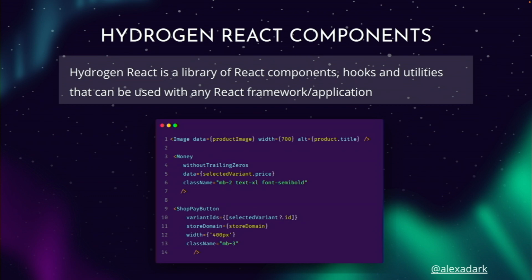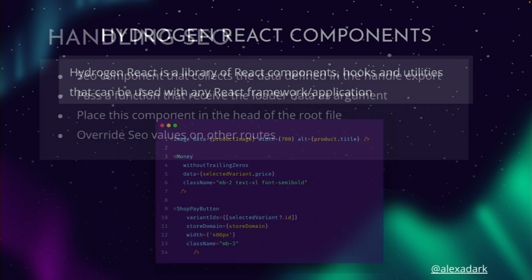But well, with these components and utilities, you can use Hydrogen with other React frameworks. So here are some, for example, the Image component displays the image from Shopify. The Money component makes it very easy to display the price and currency by passing the price data. The Shop Pay button provides a Buy Now button just by passing the store domain. And if you explore the documentation, there are many components for the cart and for many things.